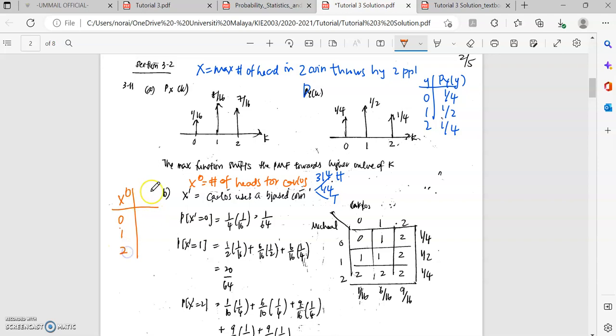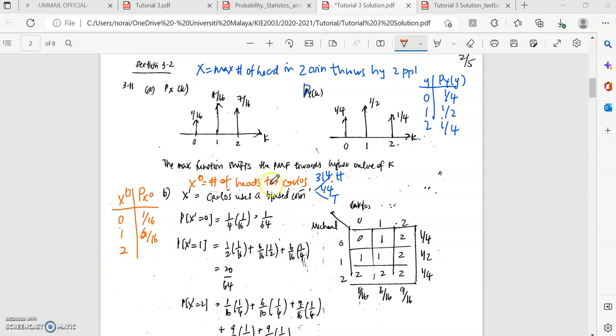So P(X=0), no heads, is 1 over 4 times 1 over 4, so 1 over 16. For 1 head, it is 3 over 16 times 2, which is 6 over 16.